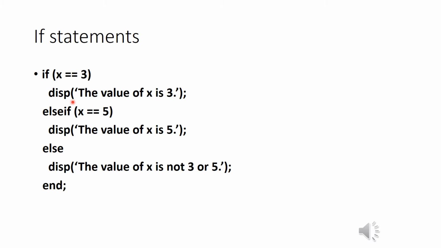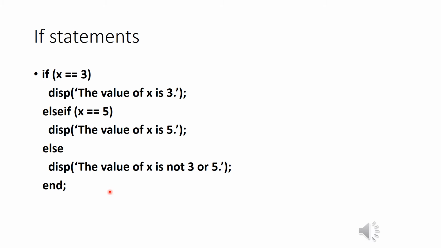Okay, and elseif is another keyword, and if this condition is unsatisfied, then the control goes here. And elseif x equals 5, the value of x is 5, else display the value of x is not 3 or not 5.